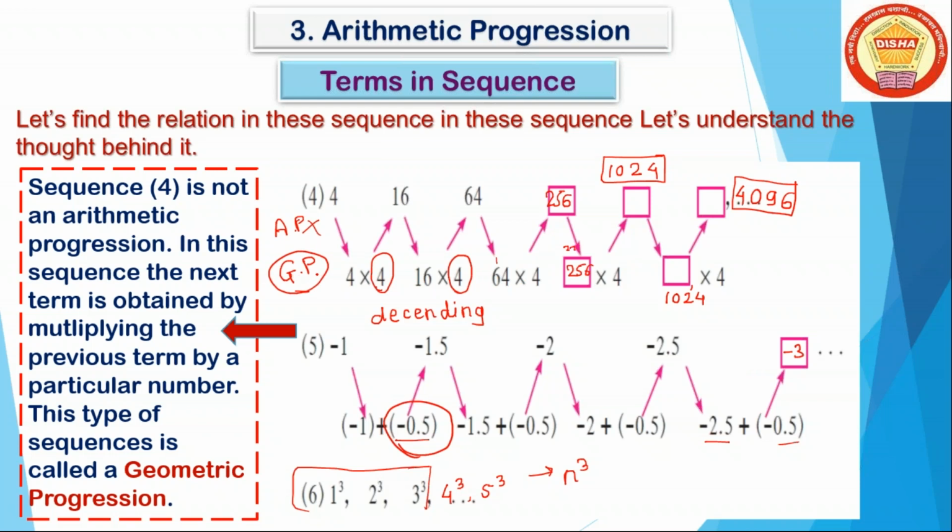In short, it is called a GP, means geometric progression. Okay. And see the fifth example. What is in the fifth example? In the fifth example, we added negative 0.5. A sequence formed by adding a particular number is called an AP. Okay. Means in the given examples, example number 4 is a geometric progression and example number 5 is an arithmetic progression.